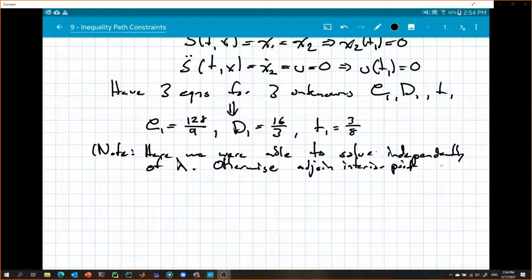So this is a fairly simple problem, so we didn't actually need to deal with costates at this point to see how much they changed at T1. But if you're doing a more complex problem, you actually have to go through the interior point constraint and use those necessary conditions to determine how much the costates jump and whatnot. So, excuse me, to figure out which costates jump and which ones don't.